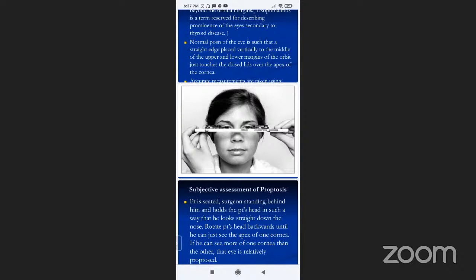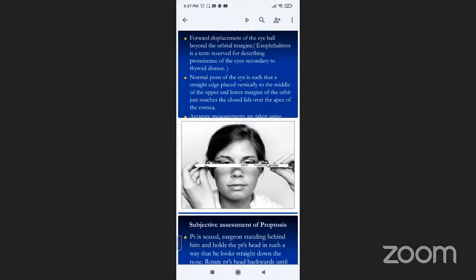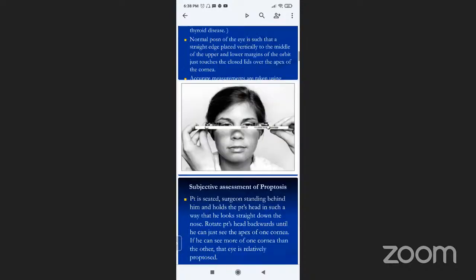Then subjective clinical assessment of proptosis is by Naffziger's method. Using instruments, we can use Hertel's exophthalmometer for measuring the amount of proptosis. Here you can see the Hertel's exophthalmometer.